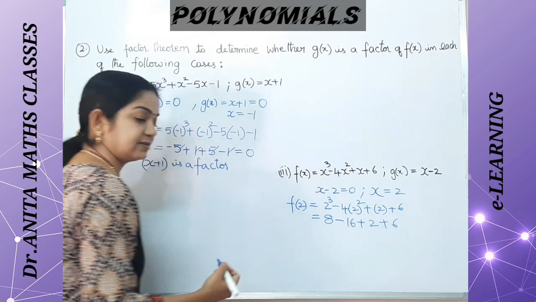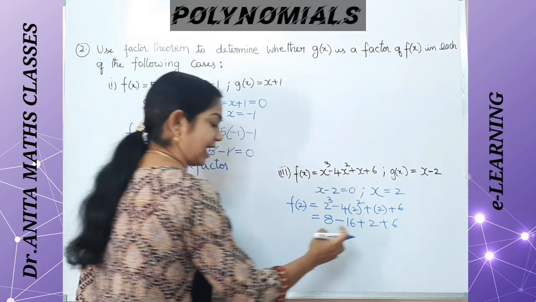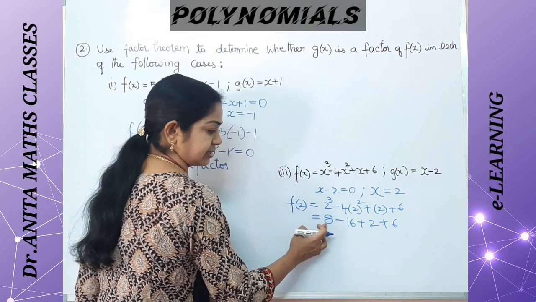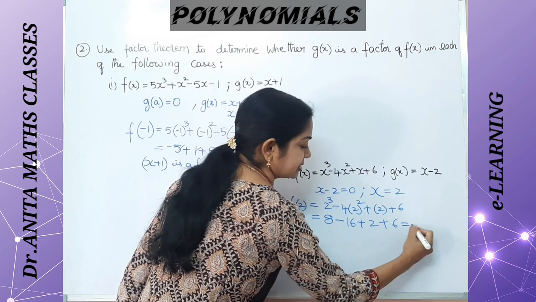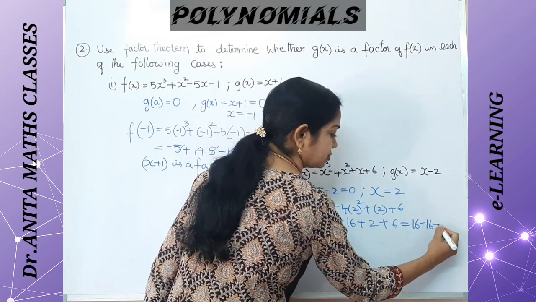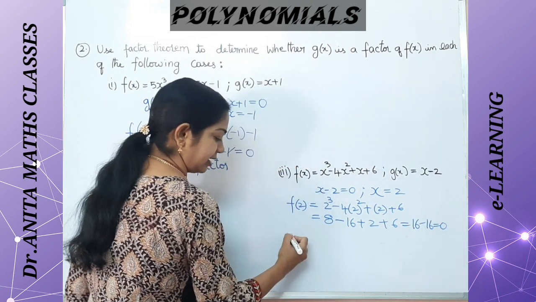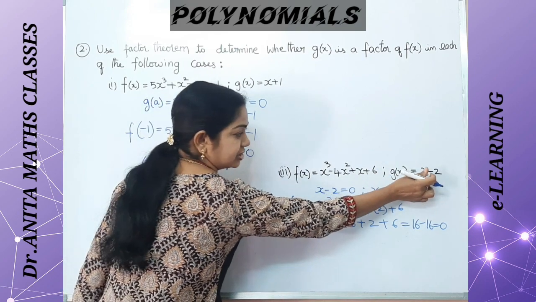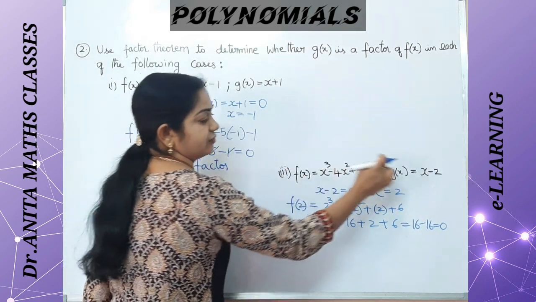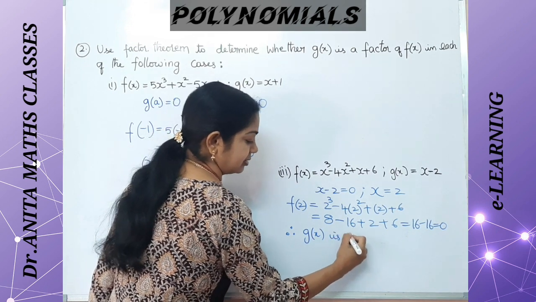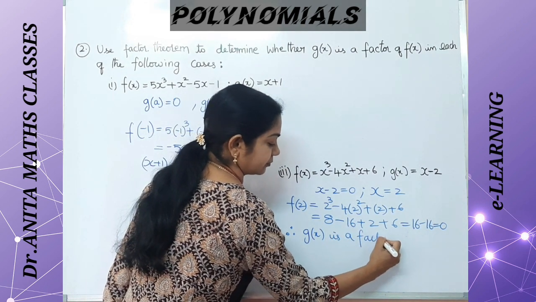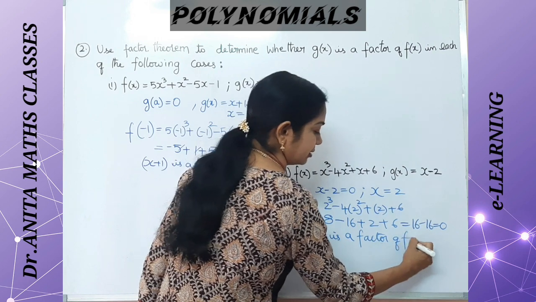Adding the singular terms, 6 plus 2 is 8, 8 plus 8 is 16, 16 minus 16 comes to 0. We got 0. Therefore, g of x, which is x minus 2, is a factor of f of x.